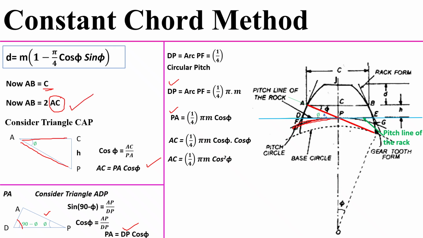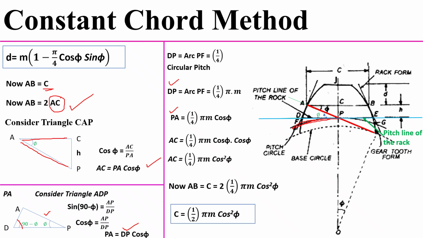Now AB value is 2 into AC, that is 2 into 1 by 4 into pi m cos square phi. From this we can rewrite as chordal length, that is AB, we are indicating as C, the constant chordal length. So constant chord C equal to 1 by 2 into pi m cos square phi.